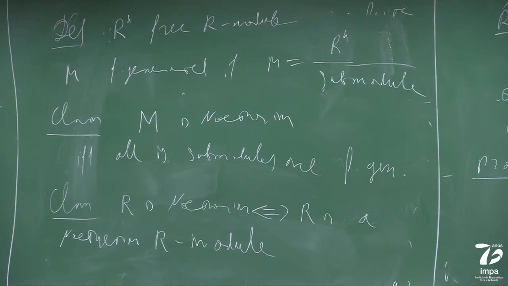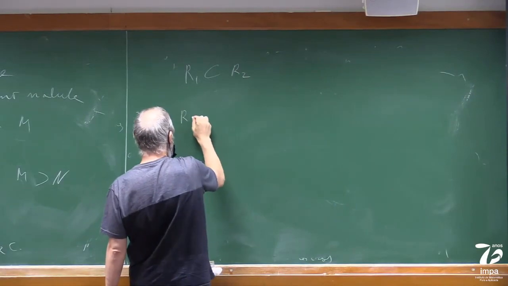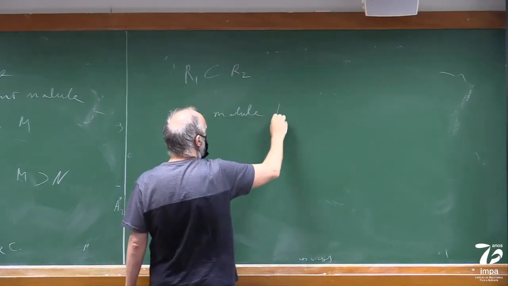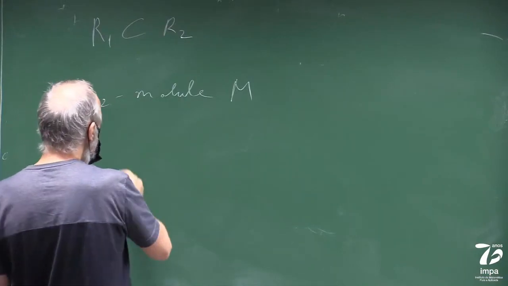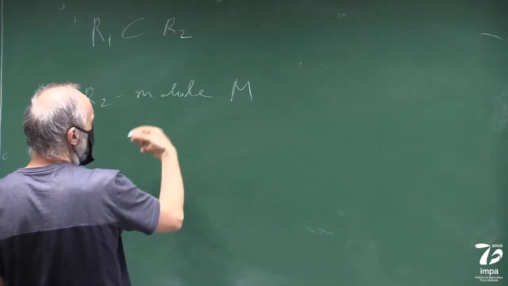Okay, there is another observation which is more or less trivial. It follows from what we had already discussed. If you have a ring R1 inside R2, and you have an R2-module M, we can also consider it as an R1-module.